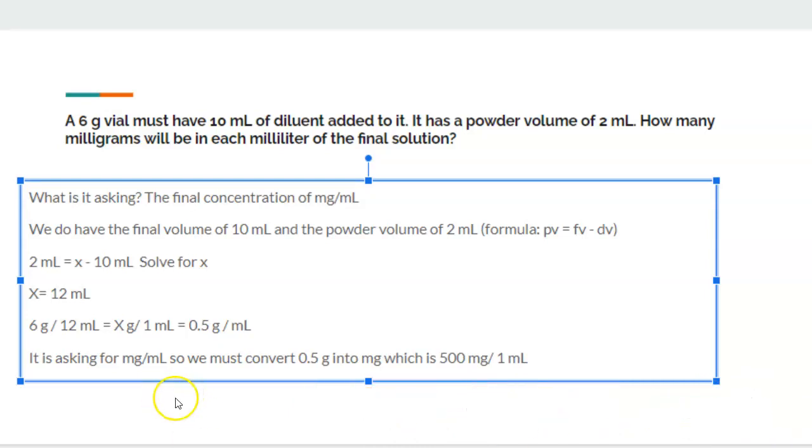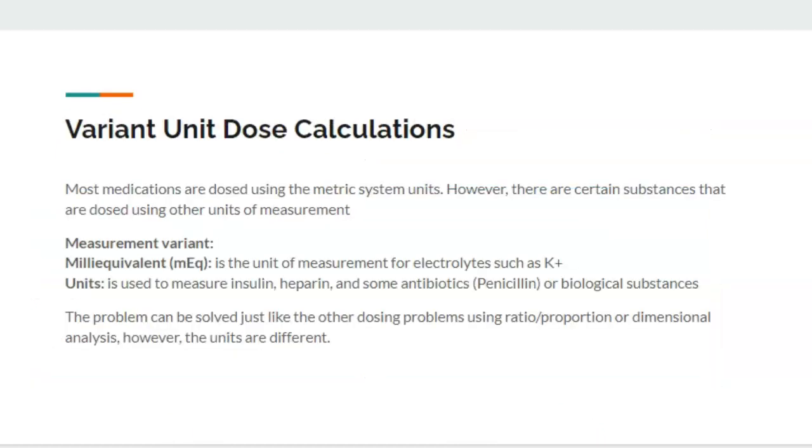So those are the two ways you can do it. Anyway, that's it. I would go ahead and review those. We're going to do some practice problems on your review quiz, and hopefully that'll help you understand it a little bit better. Last that I want to talk about is variant units.